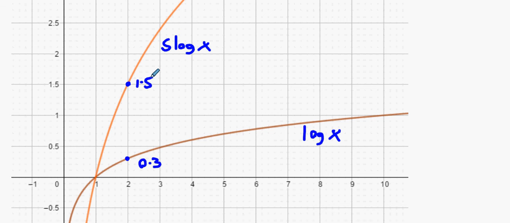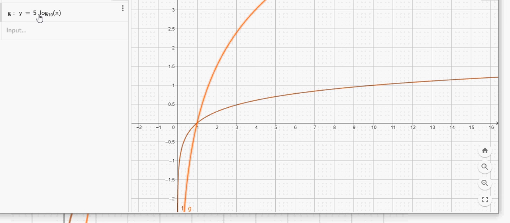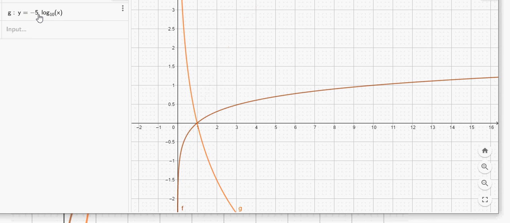What would be the effect of multiplying it by minus 5? What do you think would happen? Alright, let's find out. What did I do? I'll undo it again. I think I'm mirror imaging it in the x-axis.